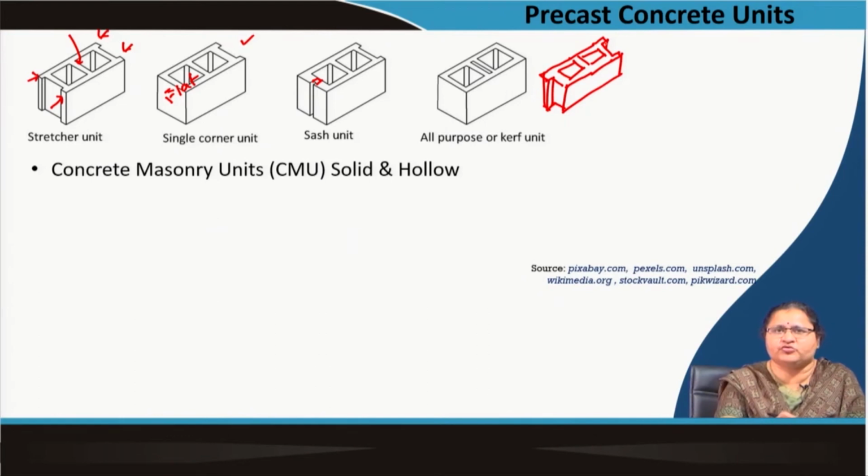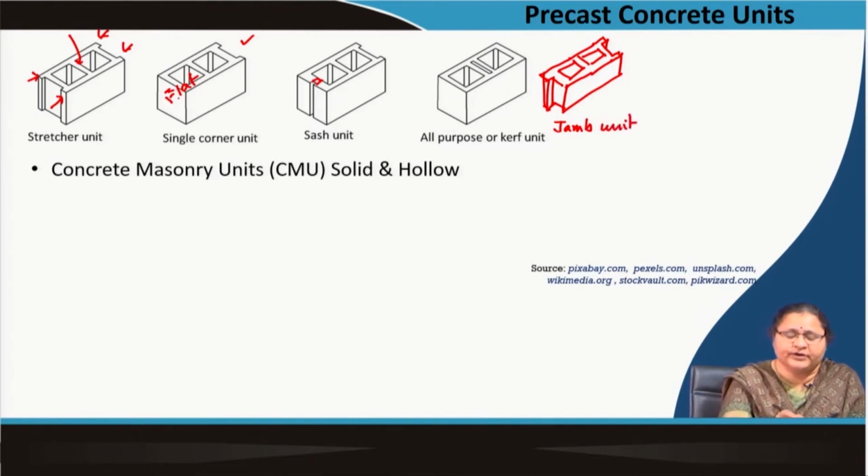Everything should be given to you in advance: where this kind of window will come and bear this sash unit, or where a door will come and you have to have a jamb unit, or where you are going to finish, there you will have a flat end.